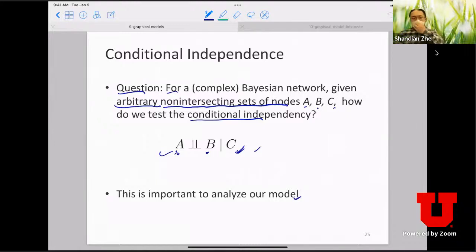And we stressed the fact that the graphical structure represents a decomposition structure of the joint probability. In other words, the simpler the structure, the more knowledge you have about this joint probability.